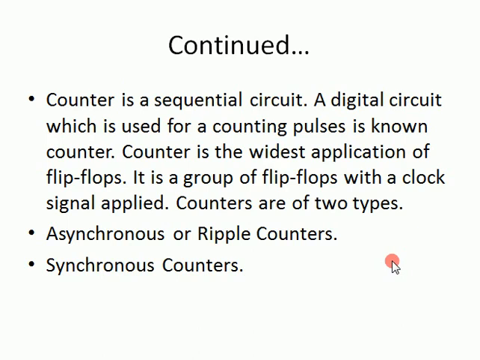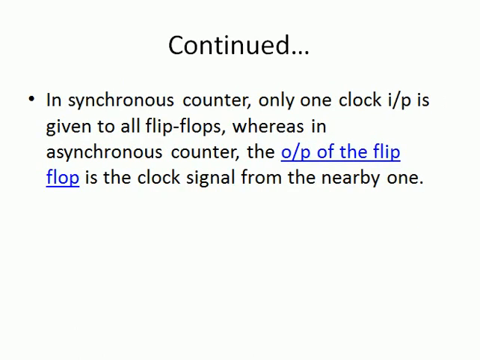Counters are of two types. The first one is the asynchronous or ripple counter, and the second one is the synchronous counter. These two types of counters we can differentiate with respect to the clock pulse that is applied to them. So let's define them. First of all, what is the synchronous counter?